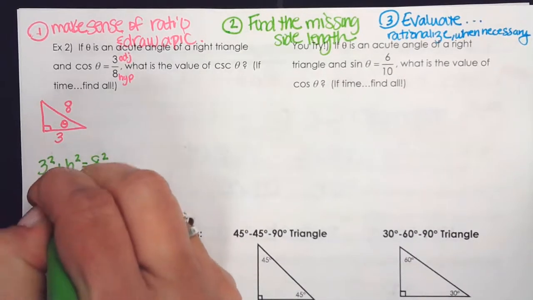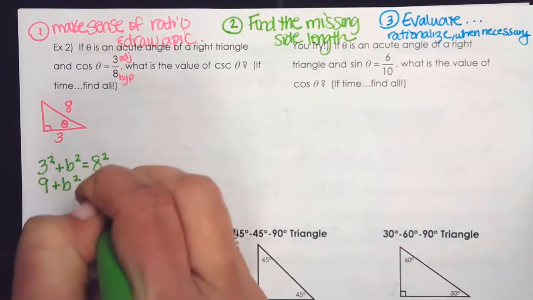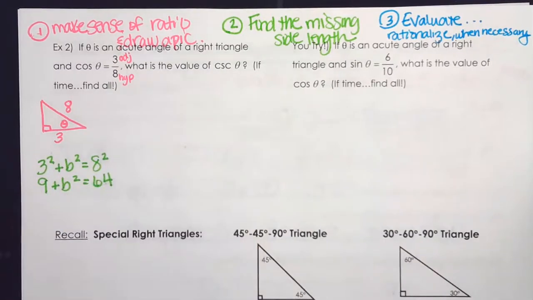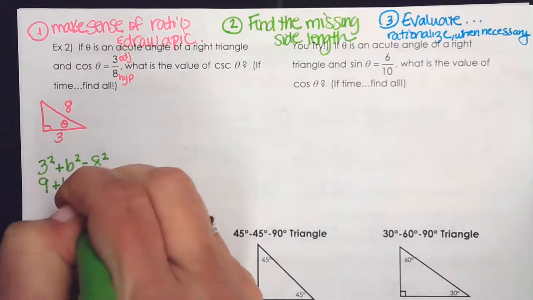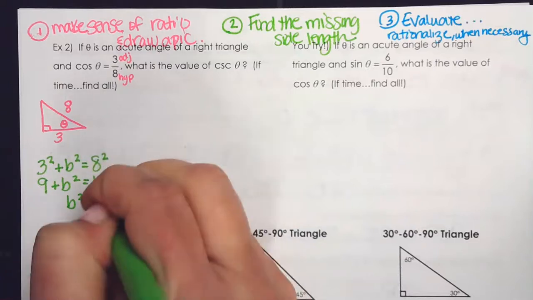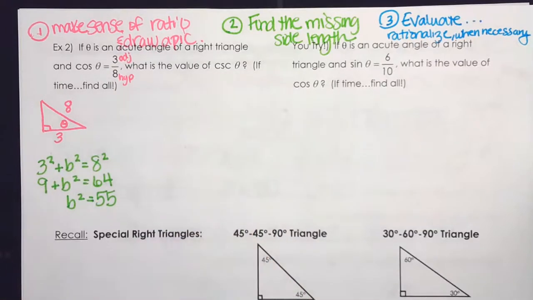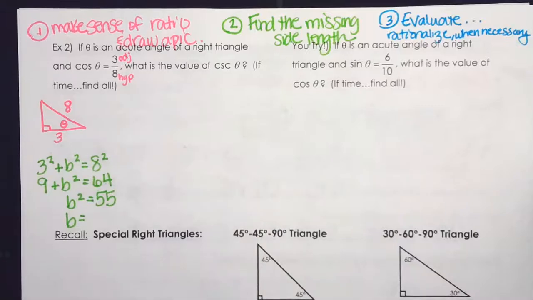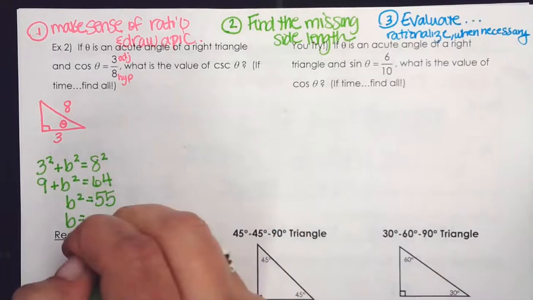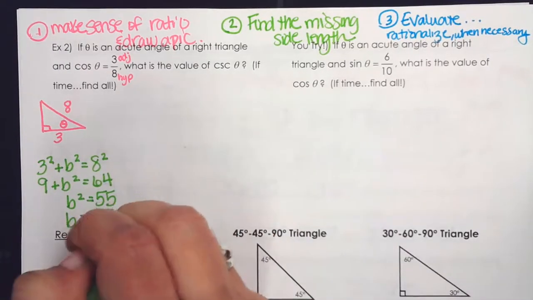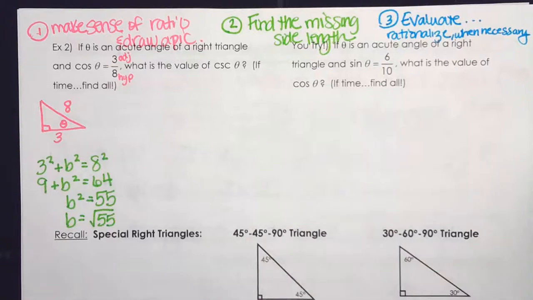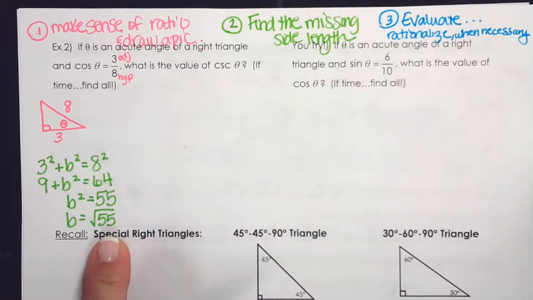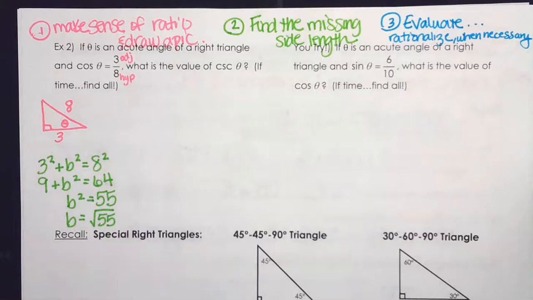So I have 9 plus b squared equals 64. B squared equals 55. I'll take the square root of 55, plus or minus, but again, it's a side length, so I would just do square root of 55. Now, does 55 have any perfect squares that divide into it? No, so we'll just keep that as the square root of 55.